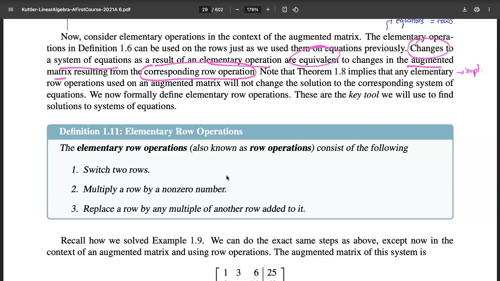The same operation used on the augmented matrix is called a row operation.